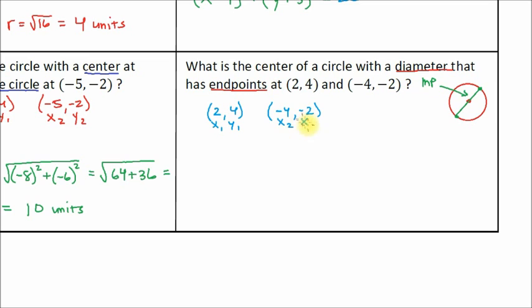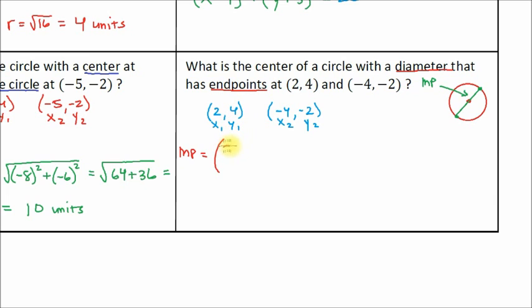Let's label that x sub 2, y sub 2. Let's go ahead and write out our midpoint formula. Actually, I'm not even going to write that out because you already have that in your flip book. Let's just plug in our points.